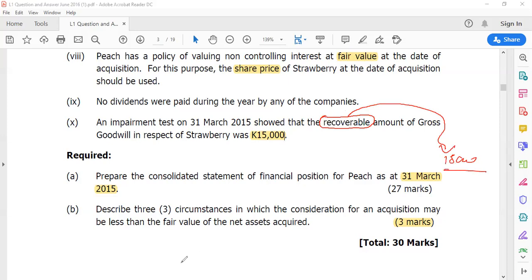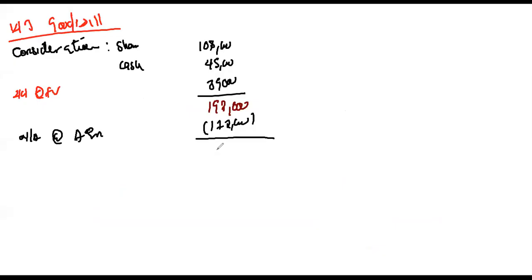So now let's go to our working there. What do we have? When we list that one, we are going to have something called goodwill at acquisition, of 20,000. So the impairment here for goodwill is how much?